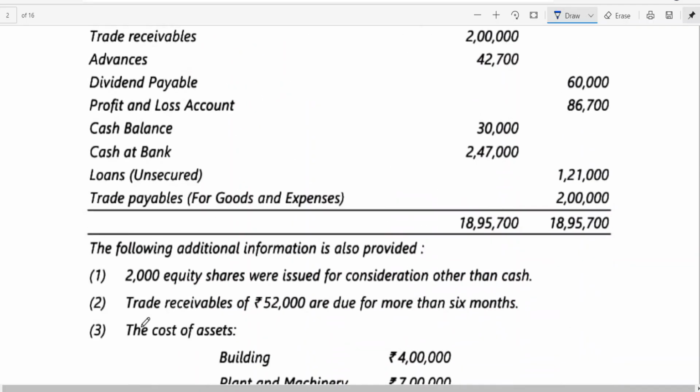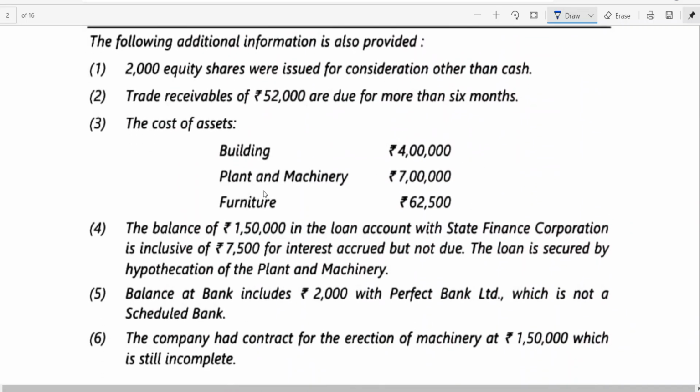Whatever has been given here is cost. So the cost minus written down value is nothing but depreciation. Depreciation we need not calculate, it is there in the balance sheet itself. That is to be prepared.